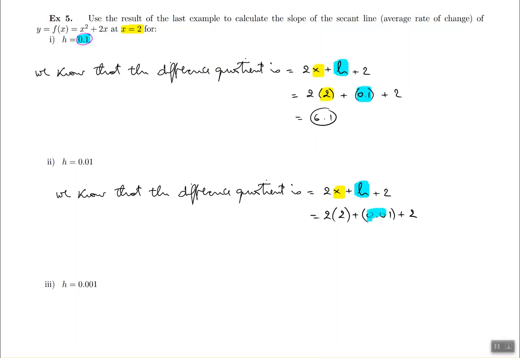So again, the h is the same, and x is 2. So that's 4 plus 0.01 plus 2, which is ultimately 6.001.